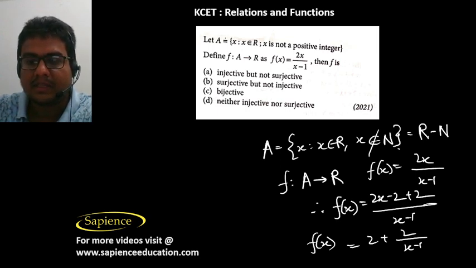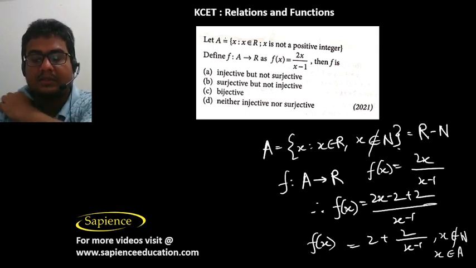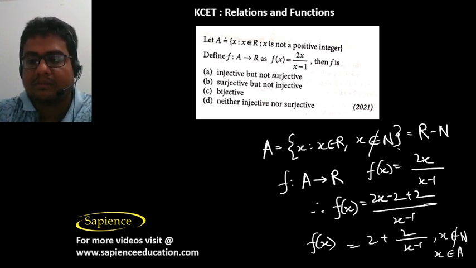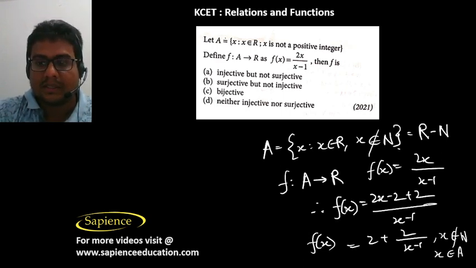Since x should not be a natural number, x should belong to the set A only. For example, if we put x equal to 3, then it will come 2 plus 1, 3. But here natural numbers we can't put as the value of x, since x belongs to A, which is R minus N.